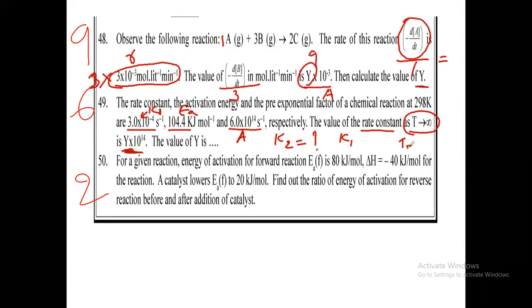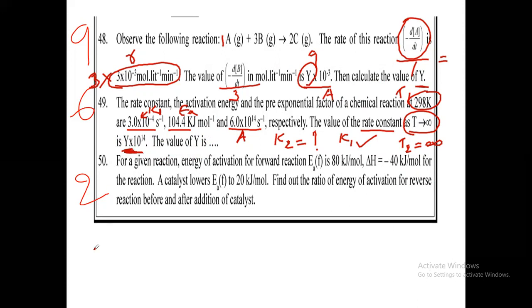And what is T2 here? T2 is infinity. And this 298 Kelvin is T1. So T1 temperature is mentioned, T2 is given as infinity, K1 is given as 3 into 10 power minus 4, and K2 is asked to calculate. So now we have to calculate first the rate constant at infinite temperature, meaning K2 value.